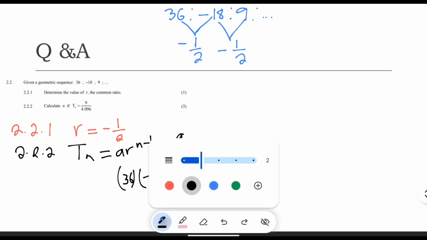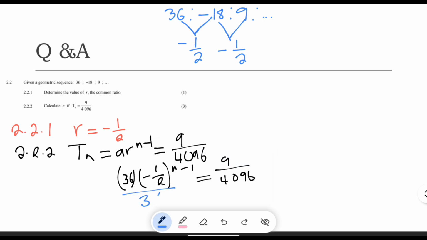Now we're going to divide both sides by 36. We divide this side by 36, we divide this side by 36, right? Okay, and then this 36 divided by this 36 will be 1. Then we'll have negative 1 over 2 to the power n minus 1, which is equal to our right hand side, dividing 9 over 4096 by 36.